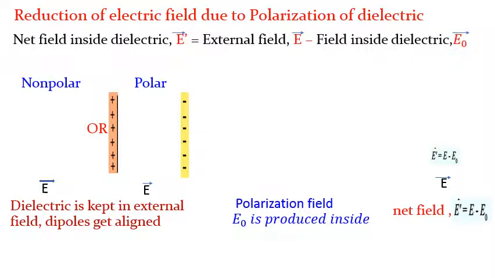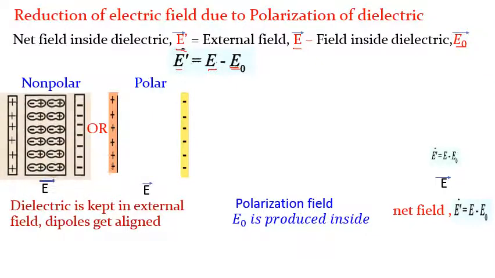Or in short, how is this field reduced? Once again see here, this E dash is the net field inside the dielectric. E is the external applied field, while E0 is the polarization field inside the dielectric. From this we can write this relation: E dash is equal to E minus E0, means this E is the external applied field which is reduced by this polarization field E0.